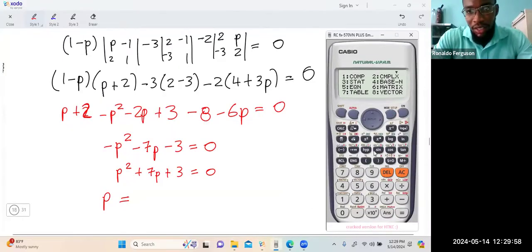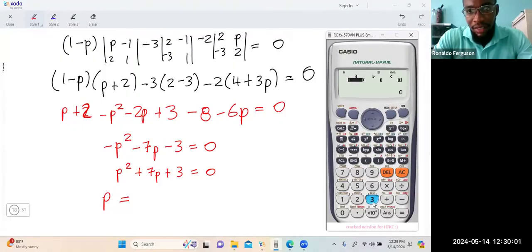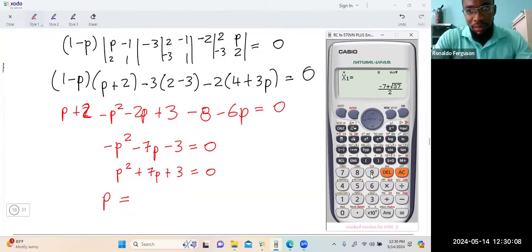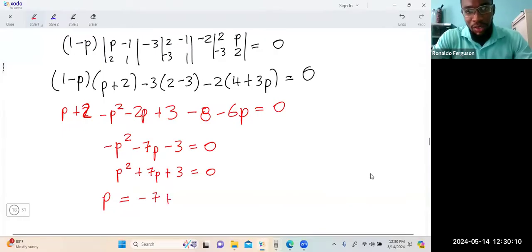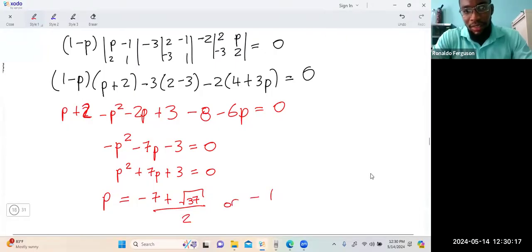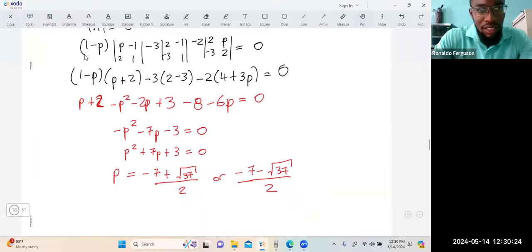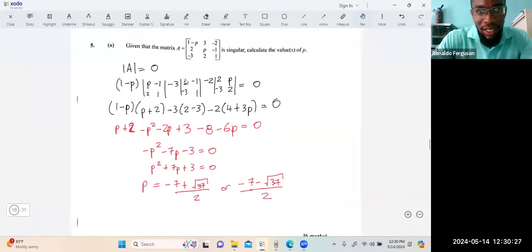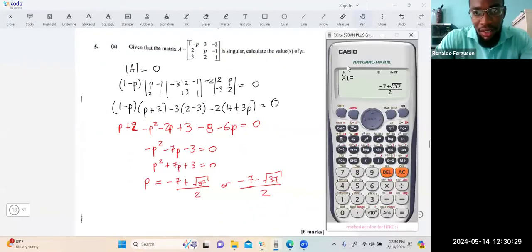So now p would be equal to, I'm using my quadratic formula, 1, 7, 3. So I'm getting p equal minus 7 plus root 37 over 2 or minus 7 minus root 37 over 2. Now, this is why I love this calculator, guys. I don't trust when I get answers like this. So I just go to matrix.